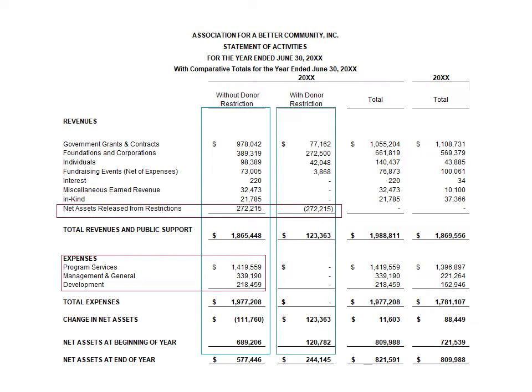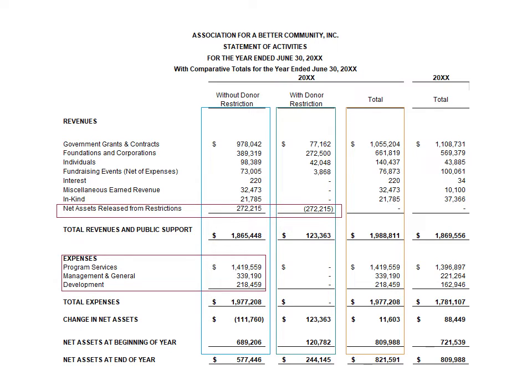We have our with donor restrictions column, which shows us revenue that was generated on a restricted basis, as well as releases to unrestricted. And then we have our total column, which shows us our overall change in net assets.